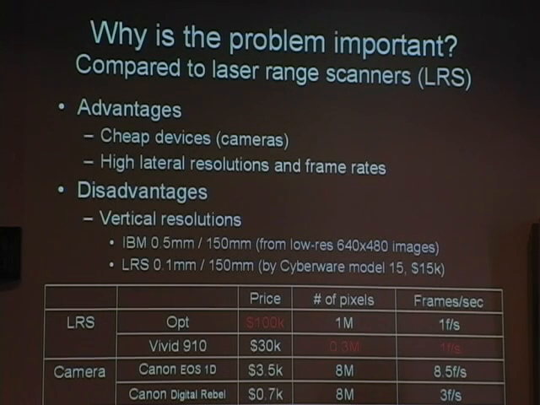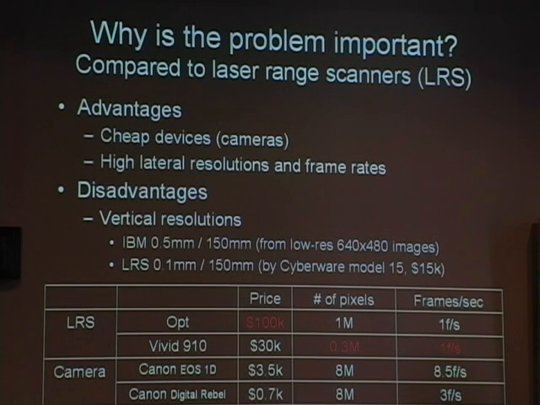But of course, the disadvantage is the depth accuracy, or vertical resolution. According to some quantitative evaluations of multi-view stereo algorithms, one of the state-of-the-art image-based modeling methods has an accuracy of reconstruction of about 0.5 millimeter for an object about 15 centimeters in diameter, like this object, using a set of low-resolution 640 by 480 images.